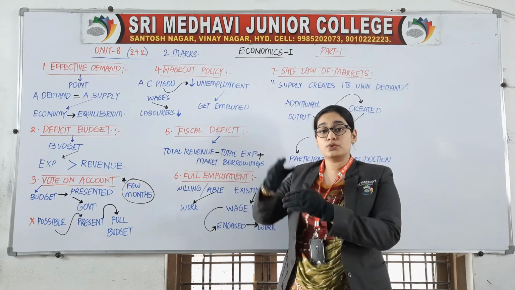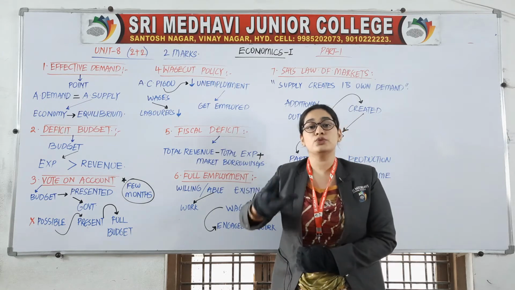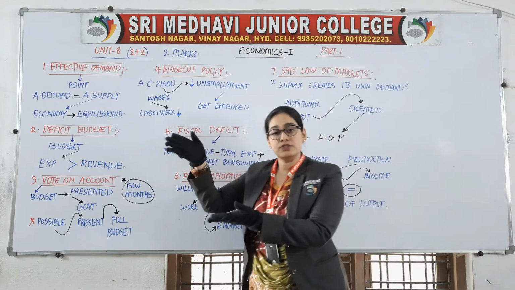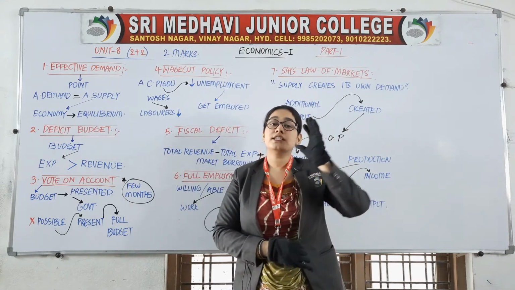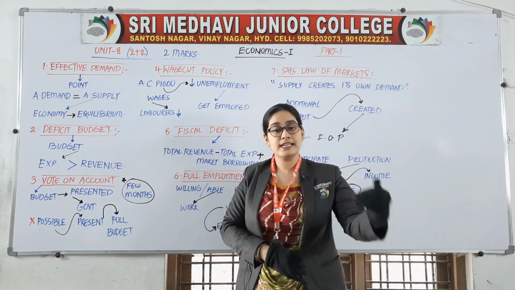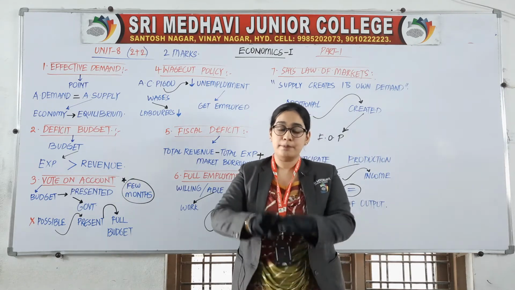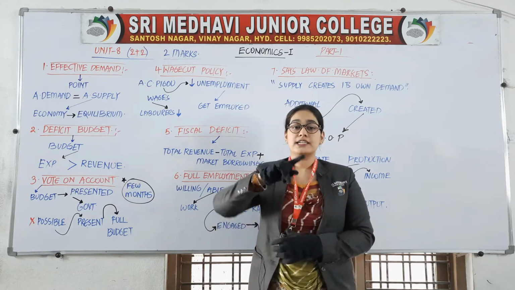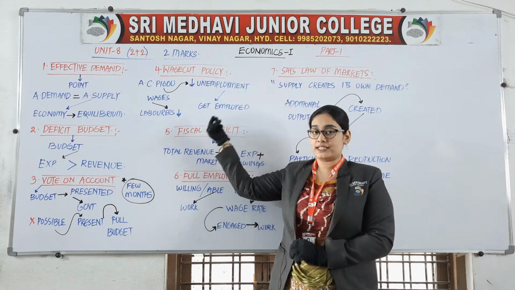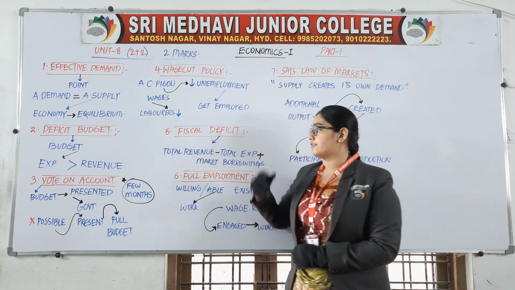If I reduce the wages of laborers, the persons who are unemployed will get some work to do and they will get employed. So this is the way to reduce unemployment, that is through wage cut policy. It was started by Mr. A.C. Pigou.